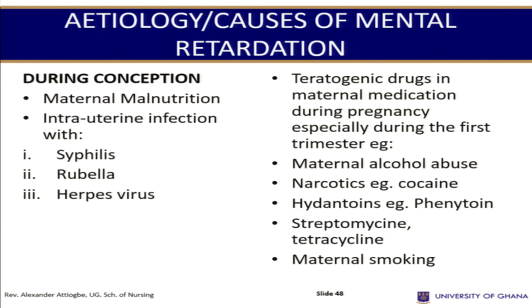Examples are maternal alcohol abuse, narcotics, for example cocaine, hydantoins, for example phenytoin, streptomycin, tetracycline, and maternal smoking. These are some of the teratogenic drugs that, when the woman is pregnant and takes them, can affect the baby in utero and consequently give birth to an individual suffering from mental retardation.